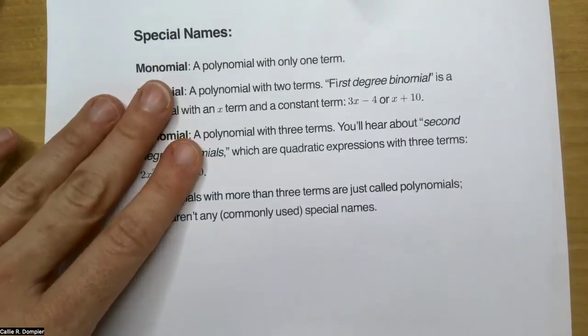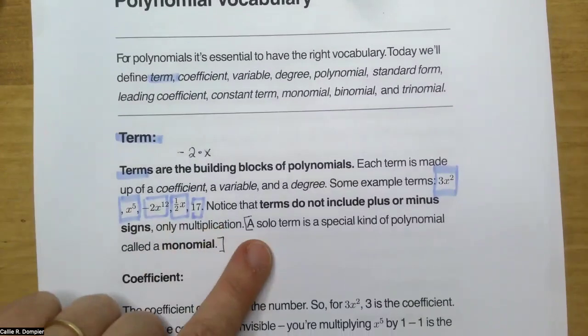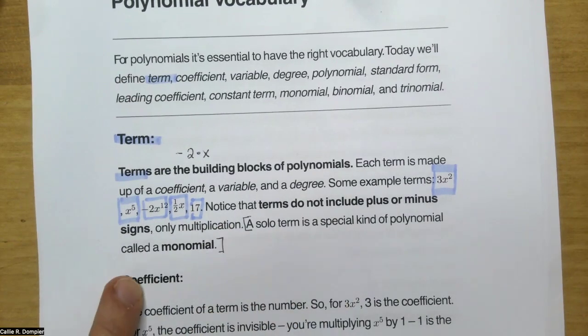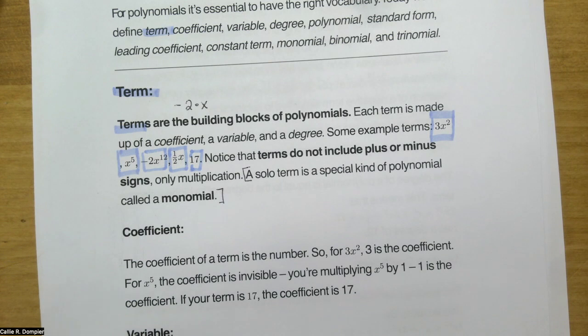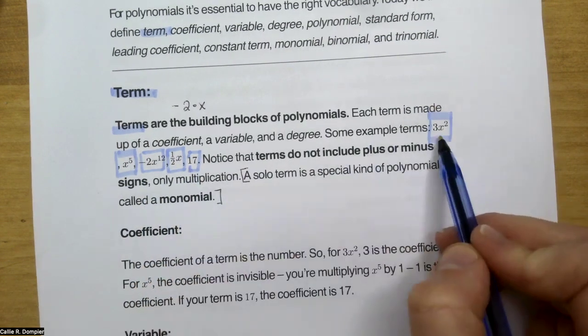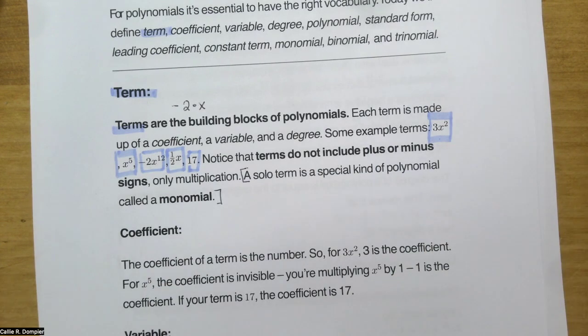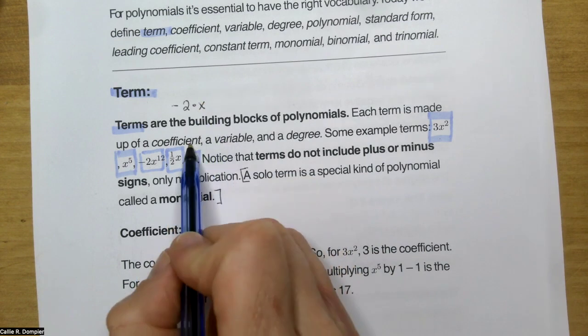A monomial is a polynomial with only one term. So monomial is right here. A solo term is a special kind of polynomial called a monomial. So terms are something like x to the 5th, -2x to the 12th, 1/2 x, 17, or 3x squared. Good. It has a coefficient, a variable, and a degree.